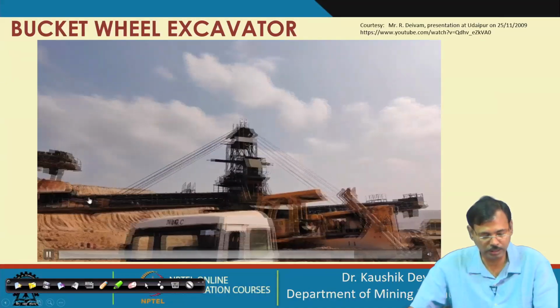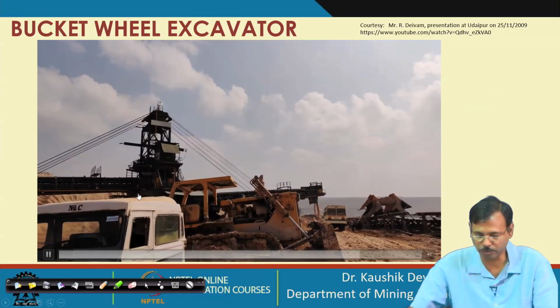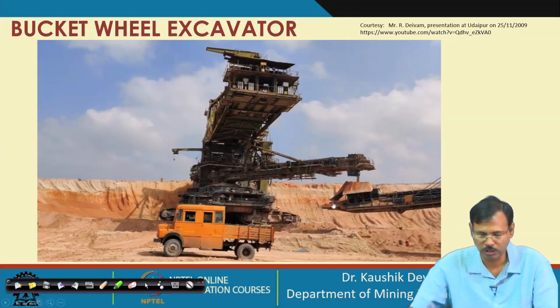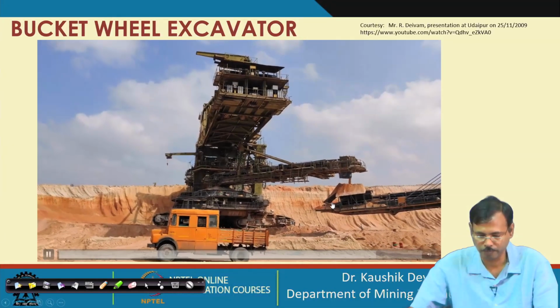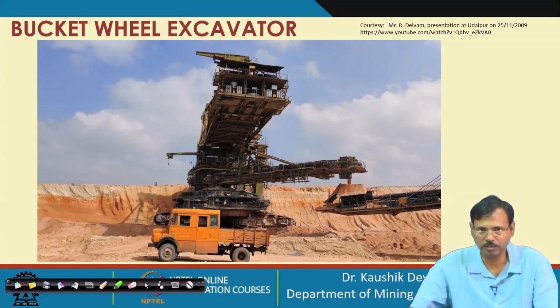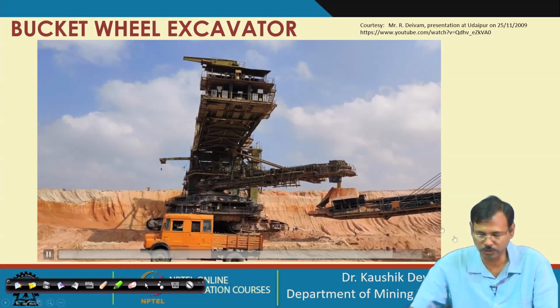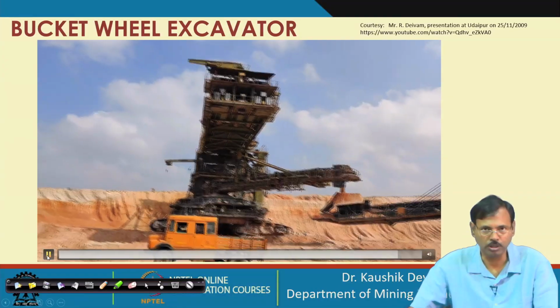So, the discharge boom is discharging onto this mobile transport conveyor, and the mobile transport conveyor is discharging that to the shiftable belt conveyor. This is a very common technique of deployment of the bucket wheel excavator.